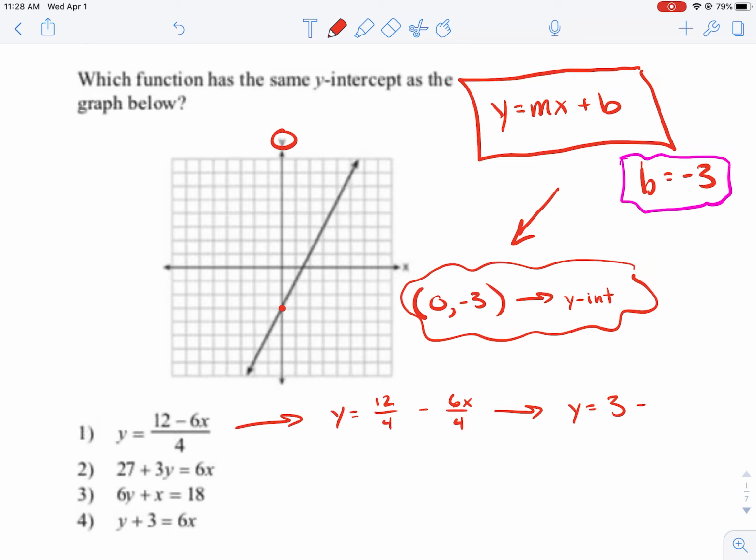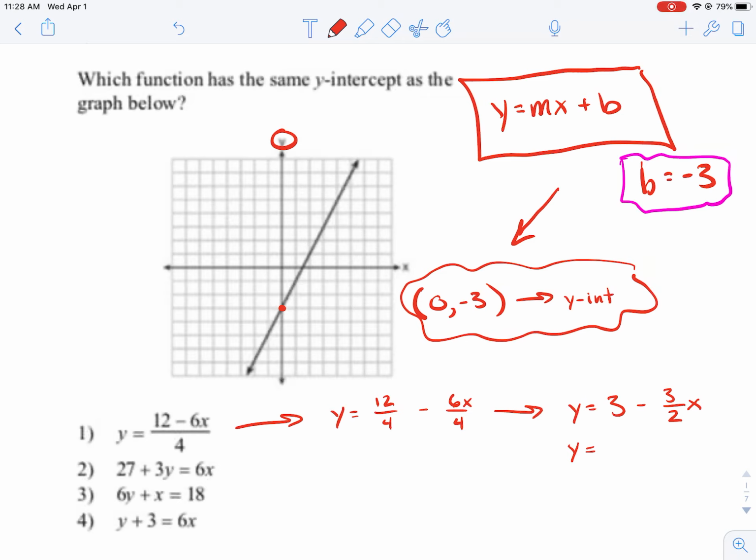And by doing so, we get y is equal to 12 divided by 4, which is 3, minus, and then 6 over 4. We could simplify that fraction by dividing each piece by 2. So we'd get 3 over 2x. Okay?